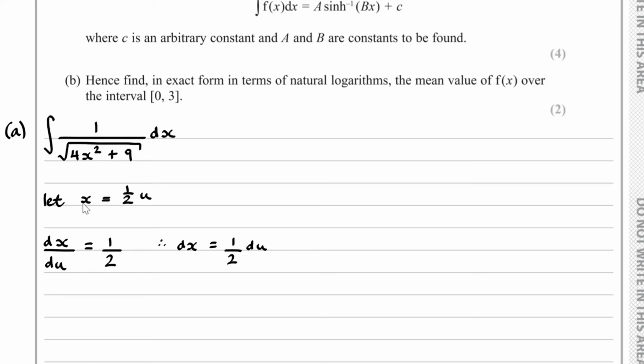And if x is equal to 1/2 u, we can of course see u is equal to 2x. And so this integral would become the following.